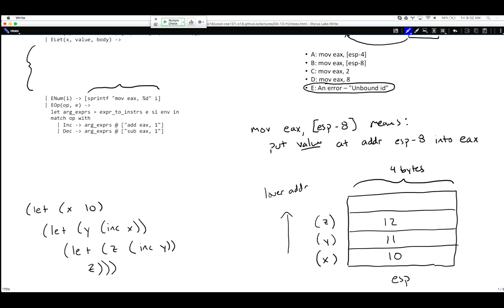Yeah. So if we think about this example, and think about which instructions came from 10, which instructions came from inc X, which instructions came from inc Y, those must have been generated by compiling that sub-expression.